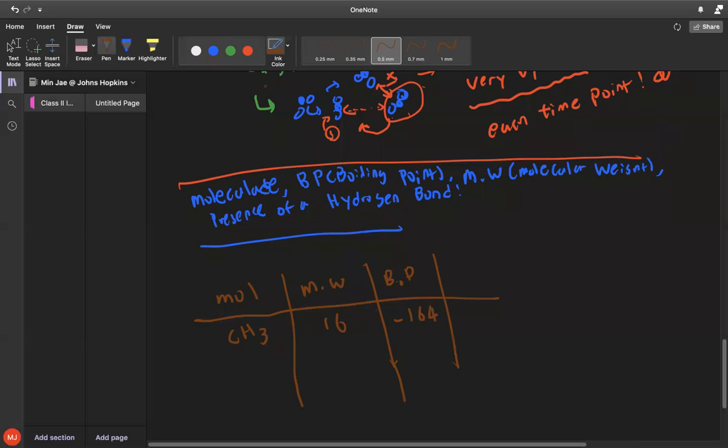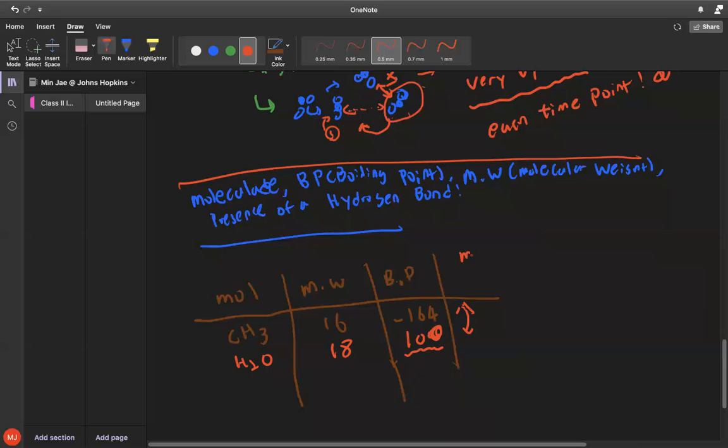However, water, on the other hand, has a molecular weight of 18, which is pretty similar to methane, but it has a boiling point of 100. Sorry, not 1,000, 100.